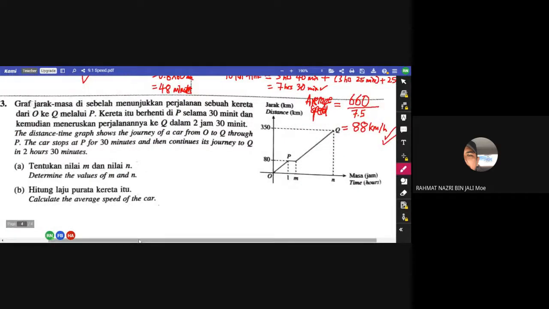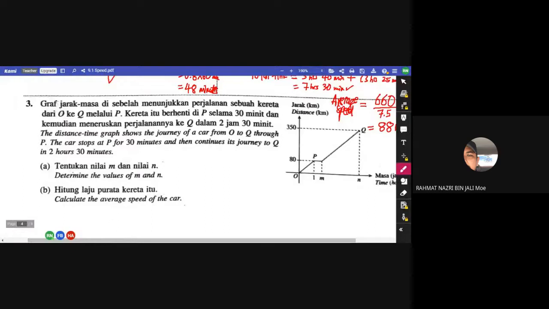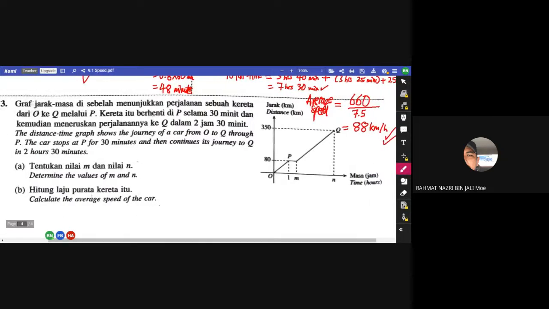Question number 3. This is a distance versus time graph. Okay, we have 1 hour here. The car reaches 80 kilometer after 1 hour.